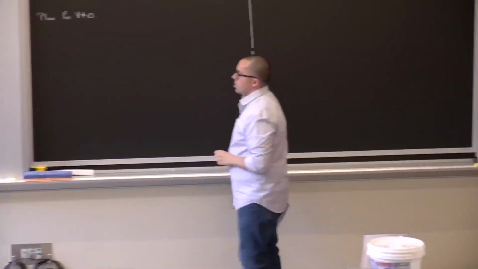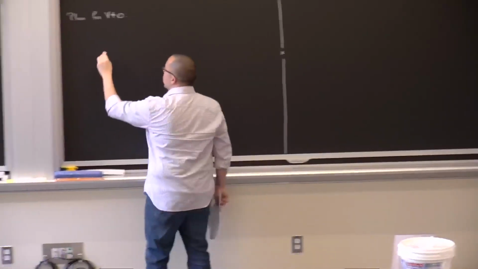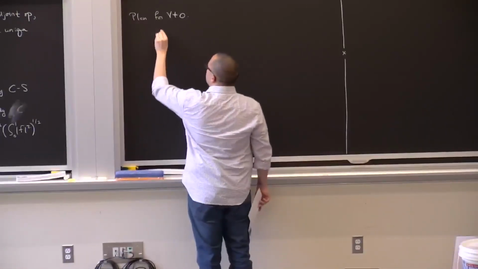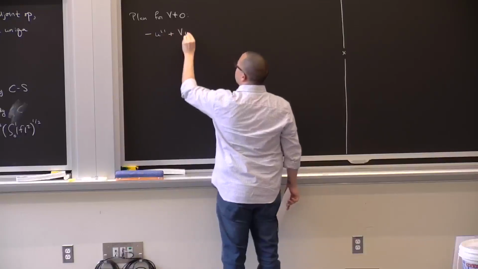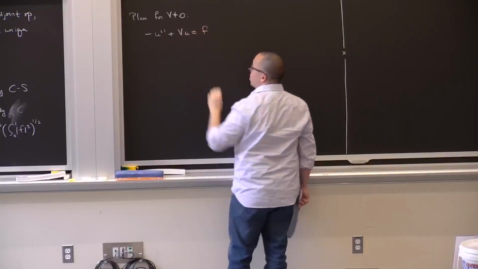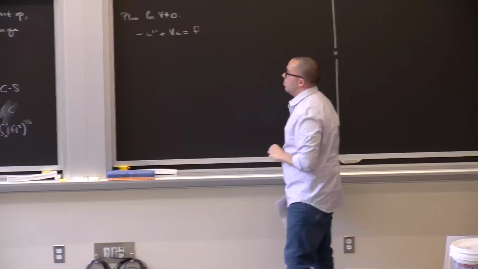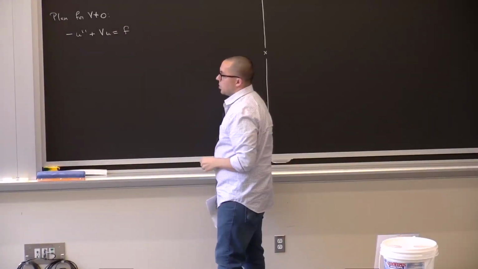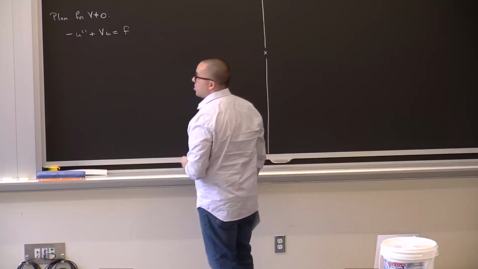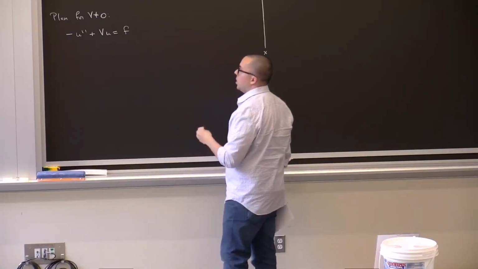So the plan is this: if I have minus u double prime plus v times u, this is just formal stuff, and then we'll actually prove rigorous statements and prove that there exists a solution in the end. We already have uniqueness, like I said.